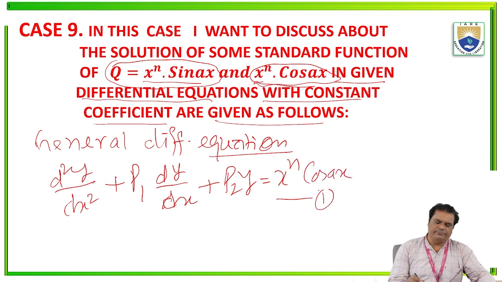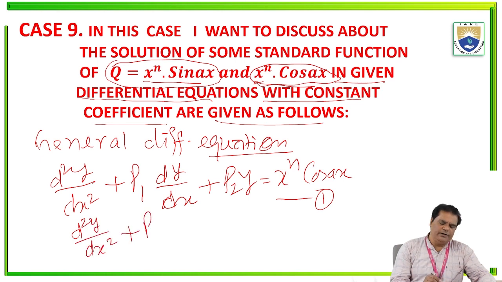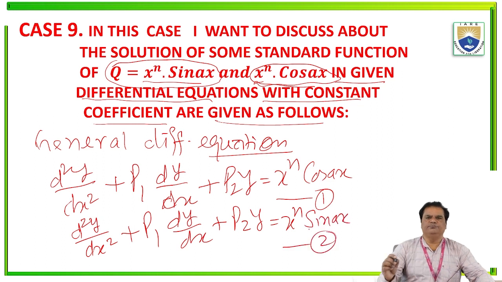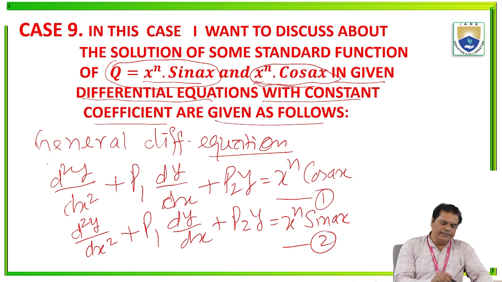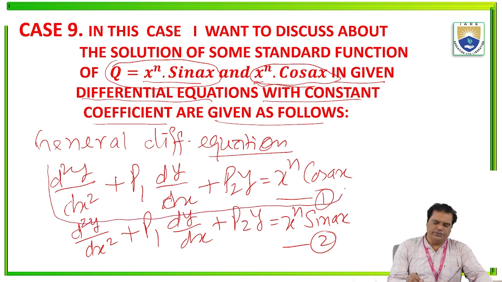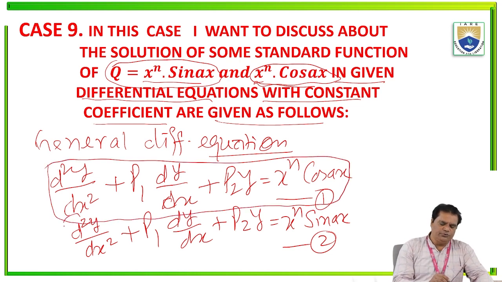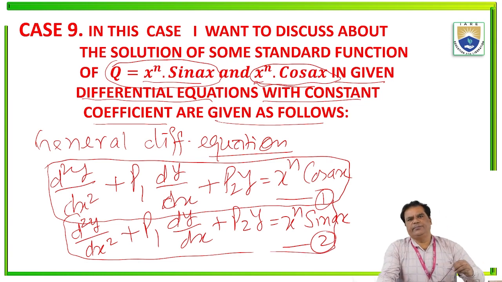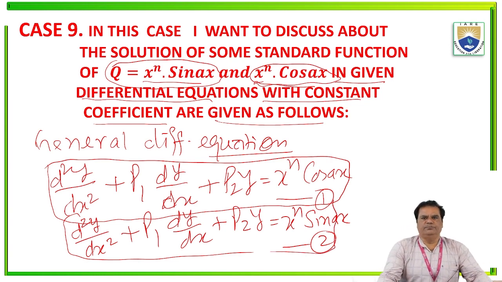This is equation 1. Next, d2y over dx2 plus p1 dy over dx plus p2 y is equal to x to the power n sin ax. This is equation 2. So both are general equations, and our questions depend on these equations 1 and 2.